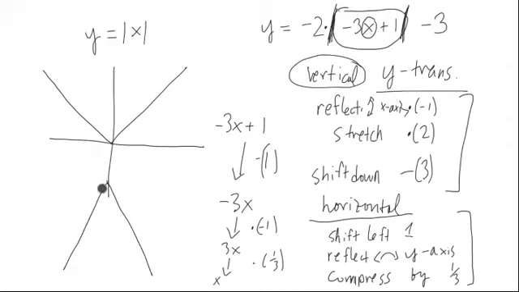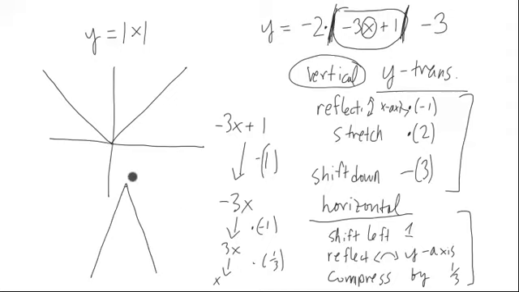Now horizontally, let's work through that. The first thing is to shift it to the left 1. Okay, the next thing we do is we reflect it across the y-axis. So it would come over here. And then we compress by a third.